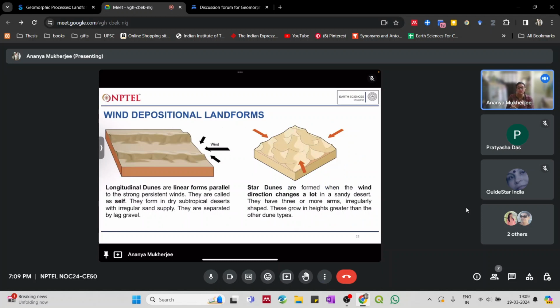Then we have longitudinal dunes. The unique feature of these dunes is that the crest of the dunes is actually in the direction of the wind.